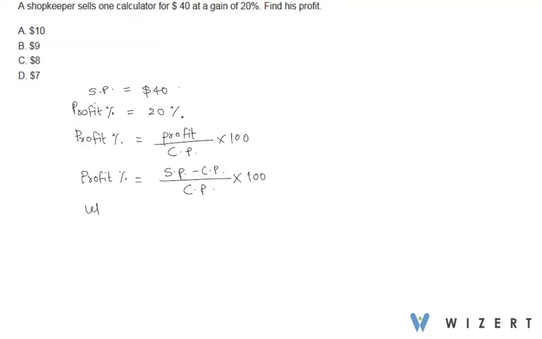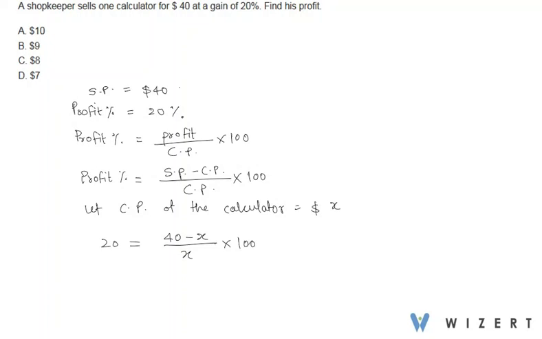So let the cost price of the calculator equal X dollars. Our expression becomes 20% equals SP, which is $40, minus X, upon X, into 100.